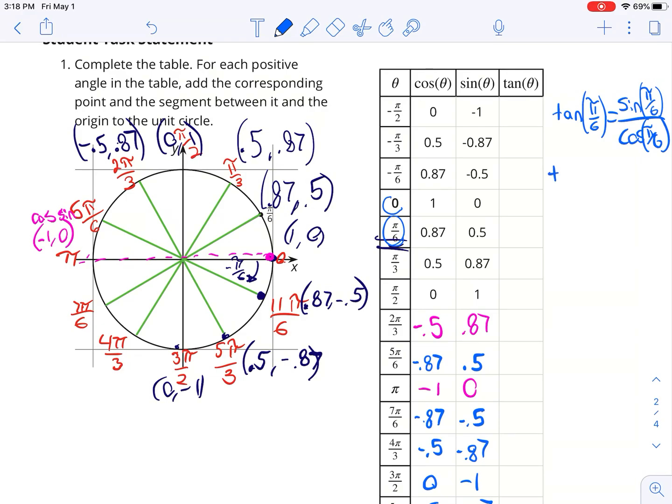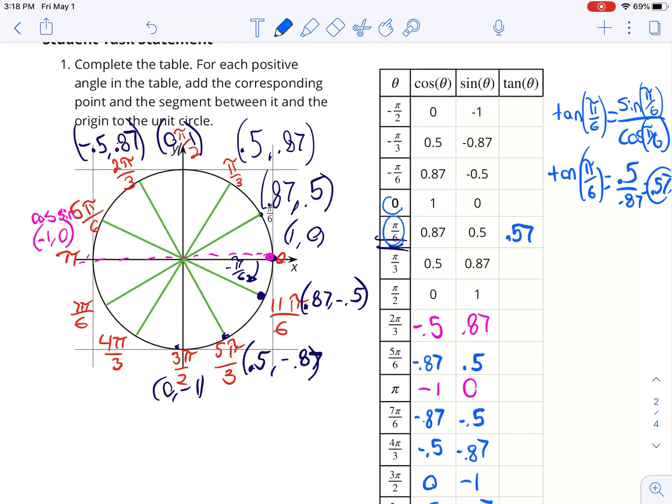So what happens when you do this, you're going to have tangent of pi over 6 equals, in this case, we're going to have 0.5 over 0.87. When we divide this 0.5 by that 0.87, we're going to get 0.57, okay?